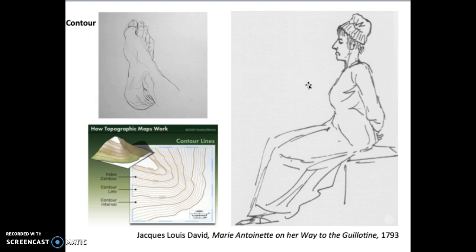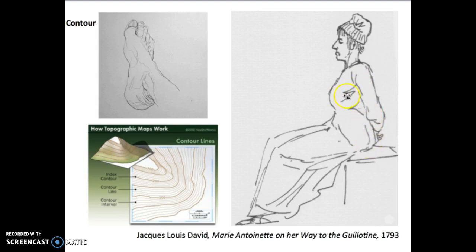Additionally, we've got this sketch here by Jacques-Louis David, and he has depicted Marie Antoinette on her way to the guillotine in 1793, just as the French Revolution was unfolding. David has used contour lines to indicate her anatomy.